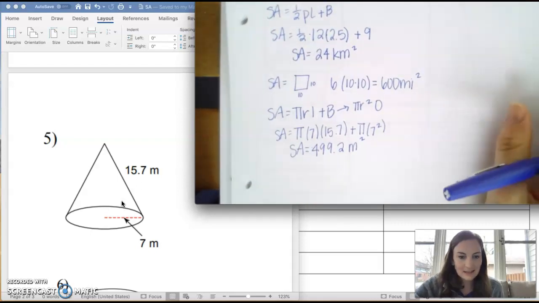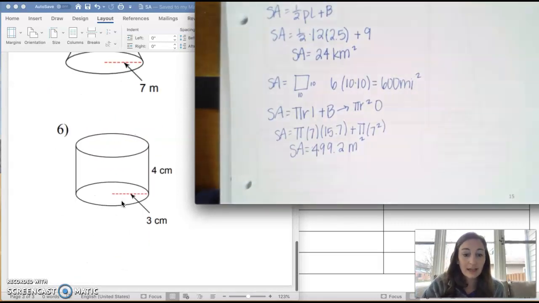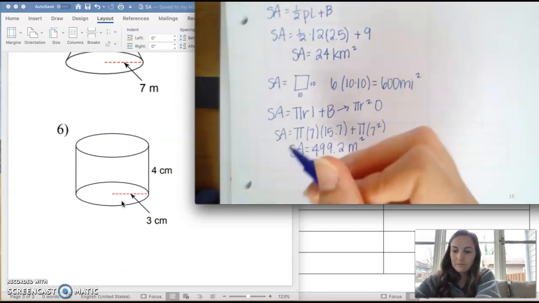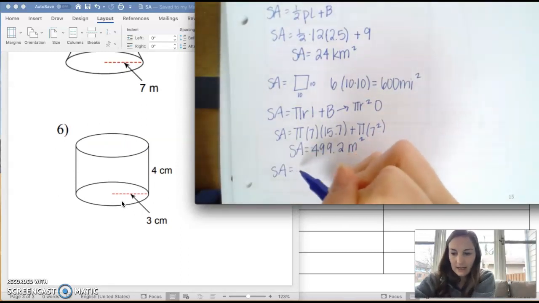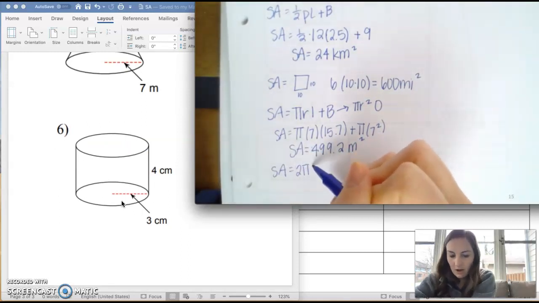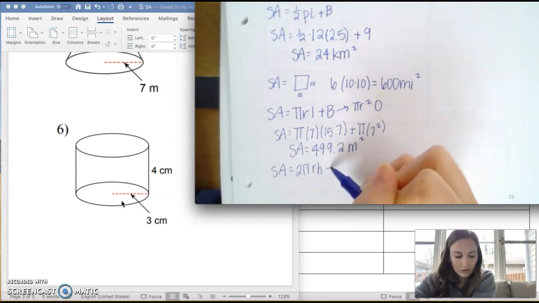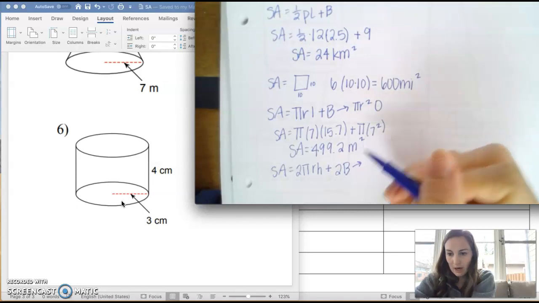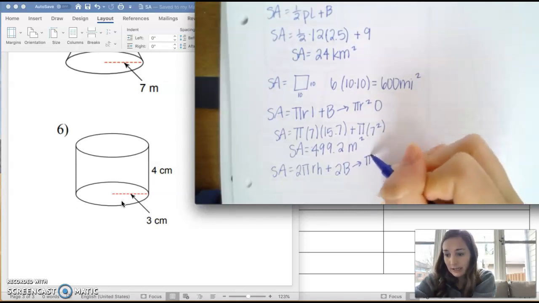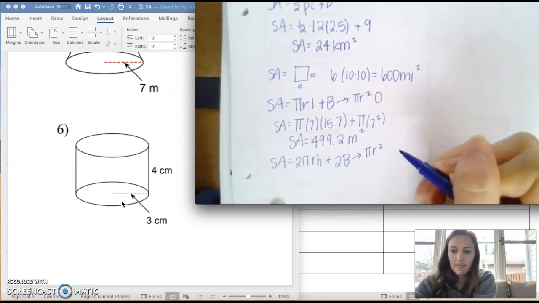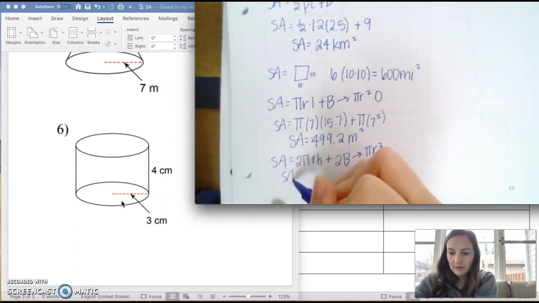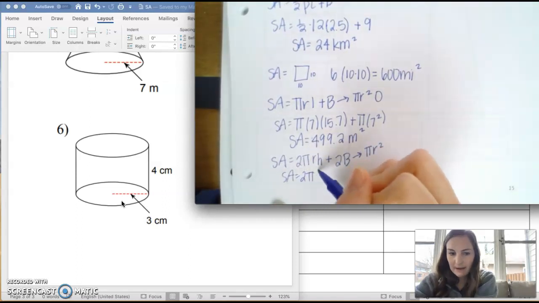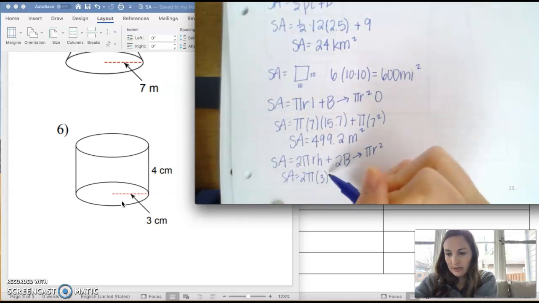And our last example here, we have a cylinder. And our surface area is 2 pi RH plus 2b. And remember our b, because it's a circle, again, it's pi r squared. So our surface area is 2 pi. Our radius is 3.